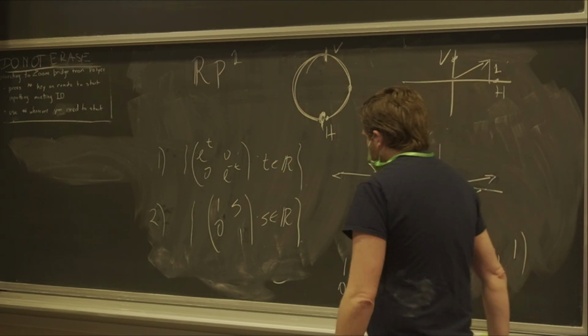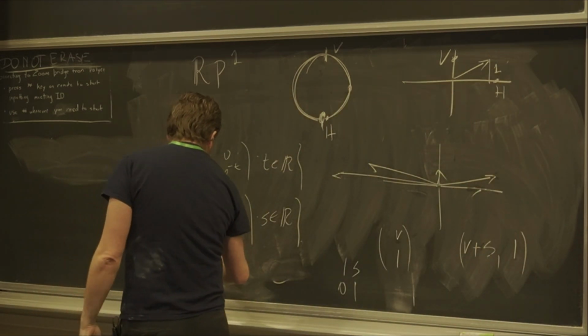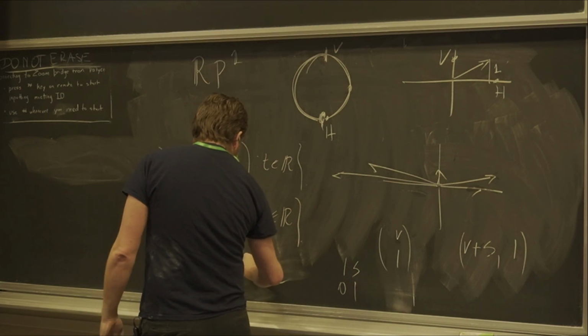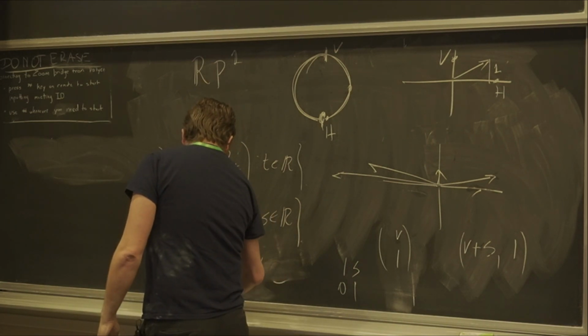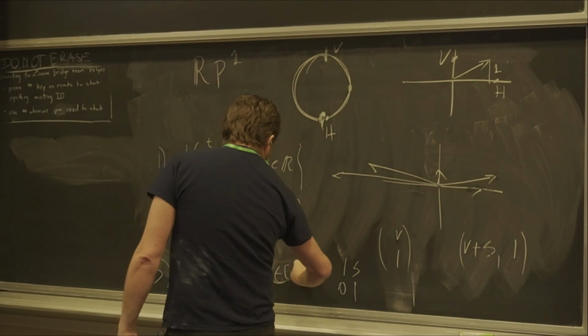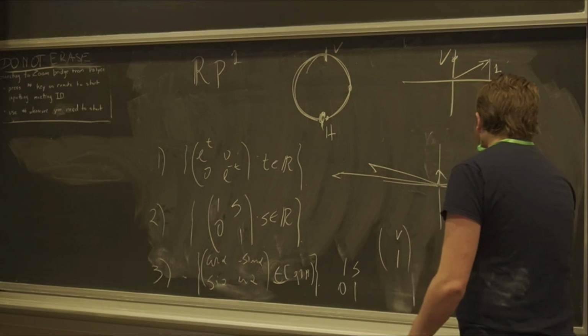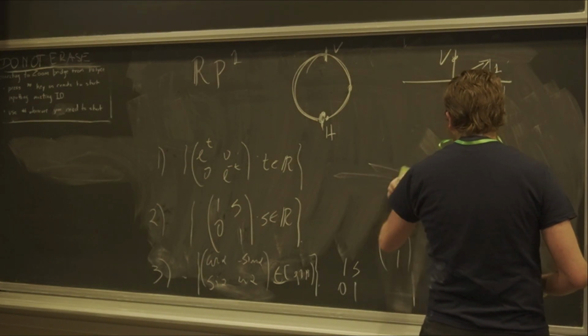And finally, you have the rotations, which are (cos alpha, -sin alpha; sin alpha, cos alpha), alpha in 0 to pi. And then you know how they act on the lines.